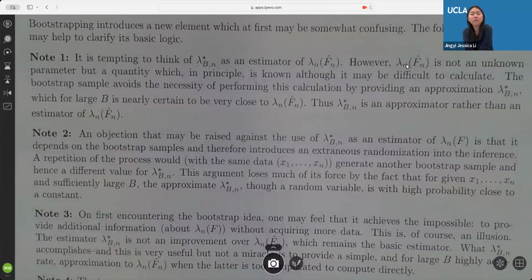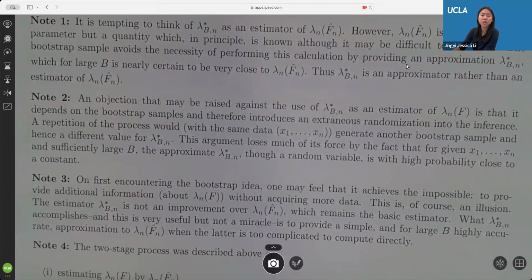The bootstrap sample avoids the necessity of performing this calculation, the enumeration, by providing an approximation we term lambda bn star, which for large B is nearly certain to be very close to lambda of Fn hat. Thus, lambda bn star is an approximator rather than an estimator of lambda of Fn hat.